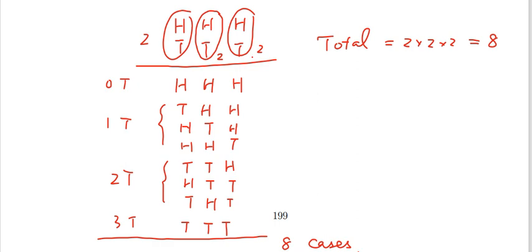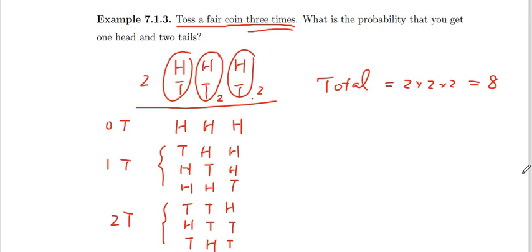So once we list all cases, then we can check those problems. Like what is the probability that you get 1 head and 2 tail? So we just check totally among 8 cases, how many cases you can get 1 head 2 tail, right?